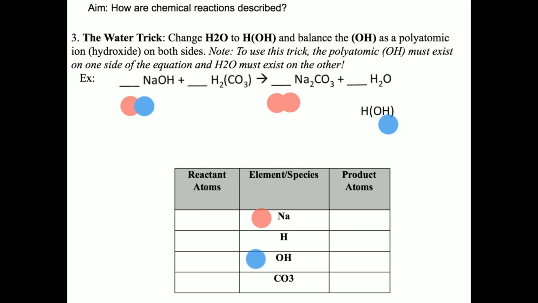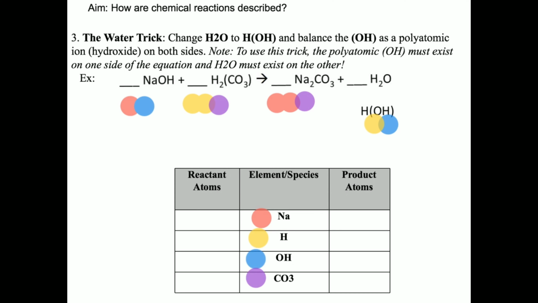On the reactant side, we have 2 hydrogens, and on the product side in water, we have 1 hydrogen and 1 hydroxide. And now we're going to treat carbonate, our polyatomic ion, as a single unit. So on the reactant side, I have 1 carbonate, and on the product side, I have 1 as well.